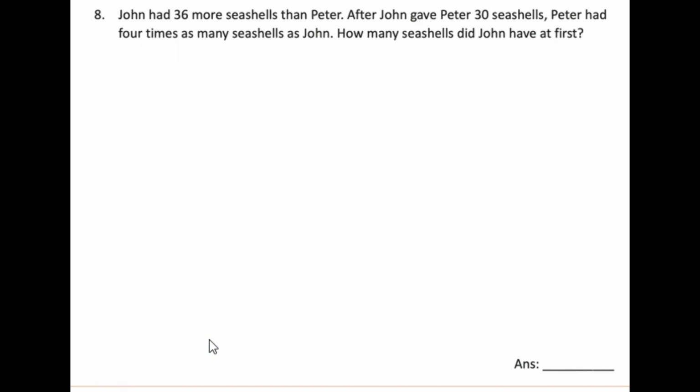Revise is not doing new questions. Revise means doing old questions. There's no need to do new questions to prepare for exams.